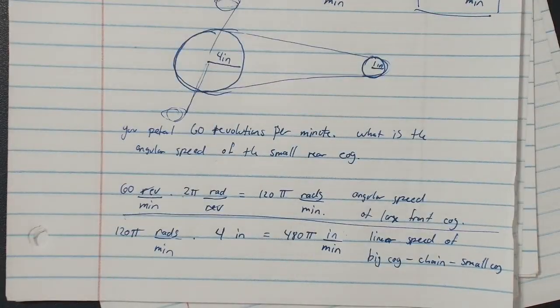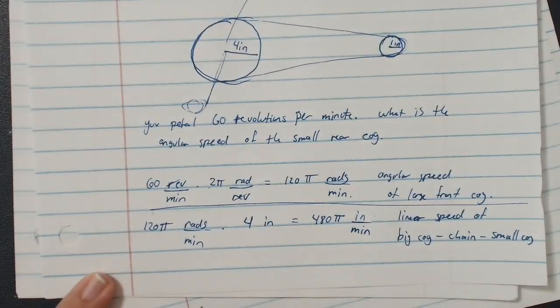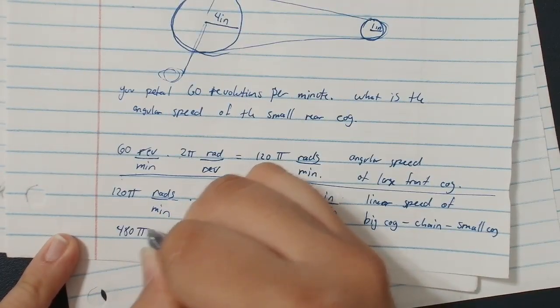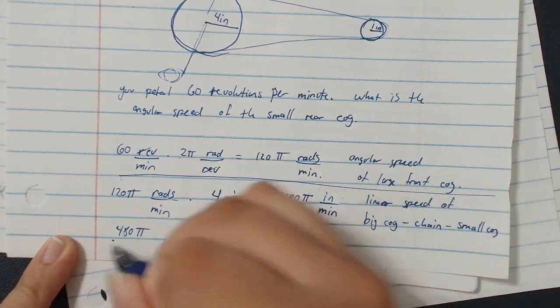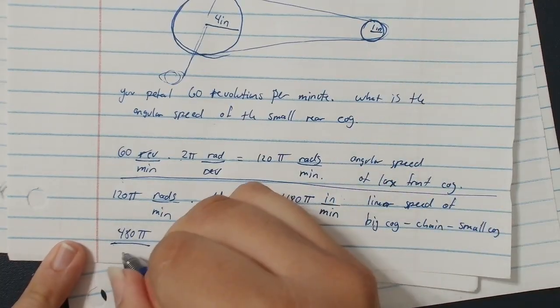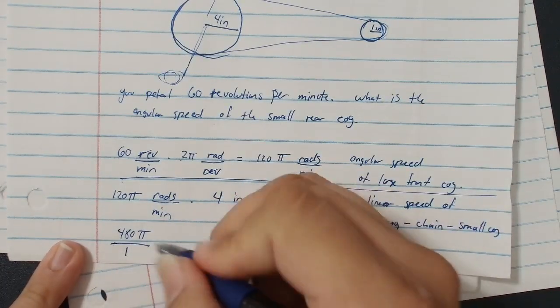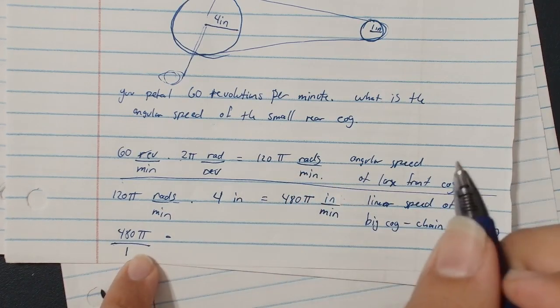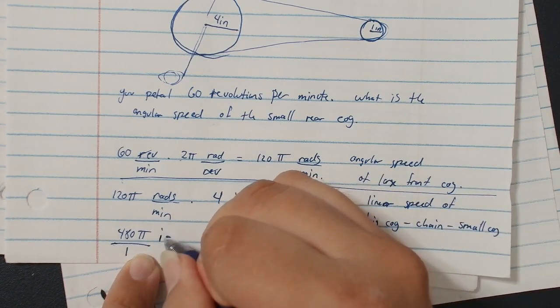So here, that means that if you take your linear velocity that we just found, 480 pi, and then divide that by the radius of our small wheel, which is only 1 inch, so that's just 1, that's going to give us, let's see, that's inches per minute.